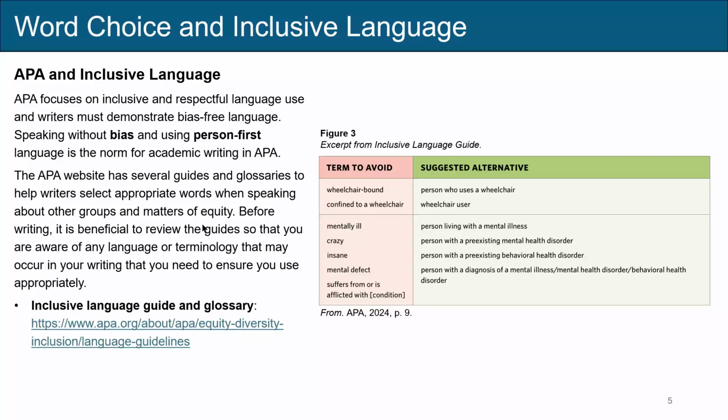And this is all based on research and studies done with people from various cultural groups on what they find the most respectful way to be identified as in writing. So make sure whenever you're talking about others that you refer to the inclusive language guide to make sure you're using language that is appropriate.